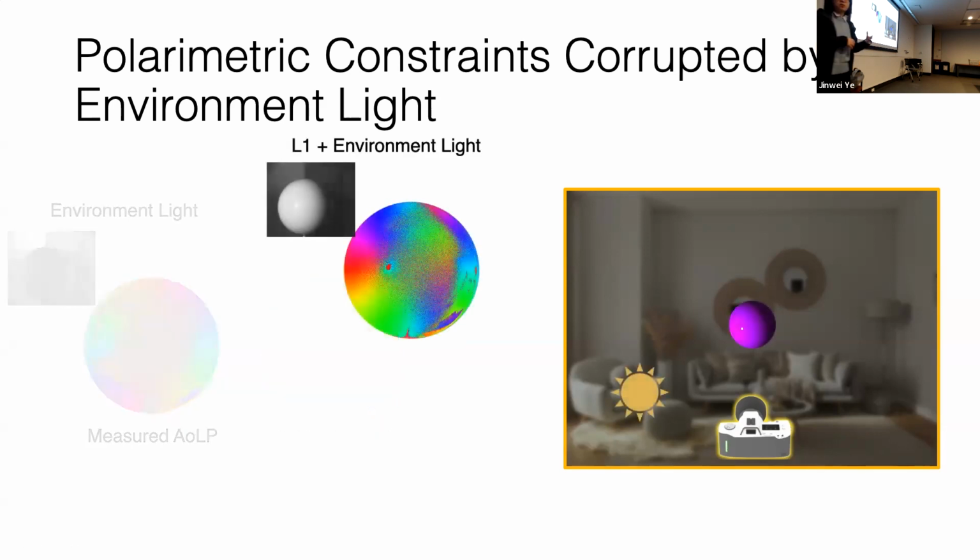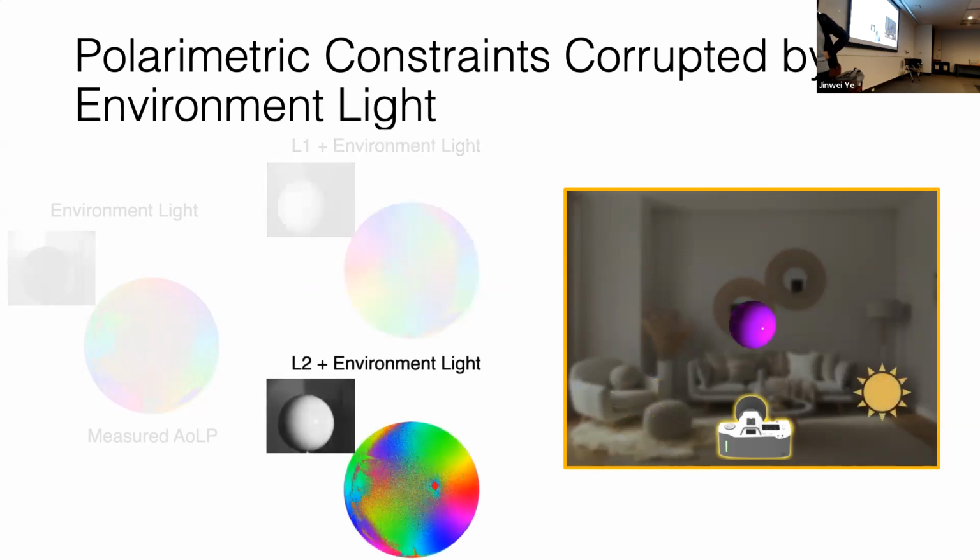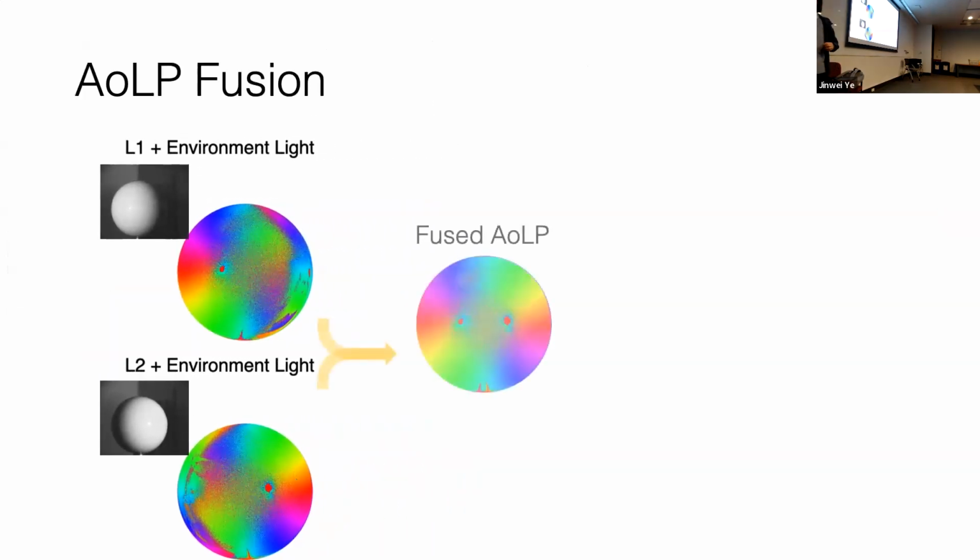Our way to solve this problem is a hardware solution using two near polarized light sources, adding additional polarized light onto the object, one from the left and one from the right. With that, we fuse these two angular polarization maps together to get a planar angle of polarization, which we can then use for constraining the normal.